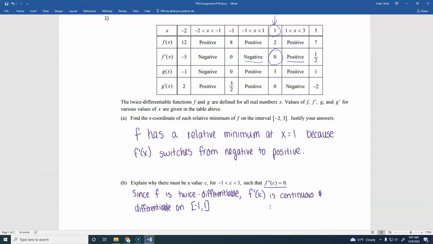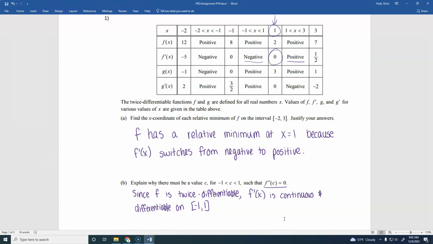Use brackets there because it has to be continuous on the closed interval, including the endpoints, and differentiable on the open interval, which your conclusion is on the open interval, but you want to put brackets there because it has to be continuous at the endpoints. And since it just generally tells us that it's twice differentiable for all real numbers x, you can make this general conclusion that this is the case. In fact, you could just leave off the interval altogether and be okay. Just say for all real numbers, so obviously it would also be the case on this interval.